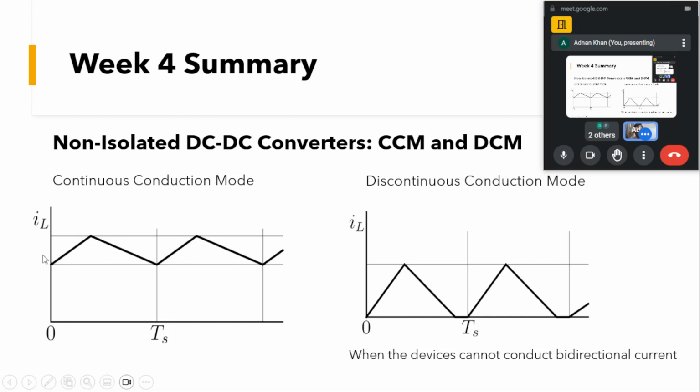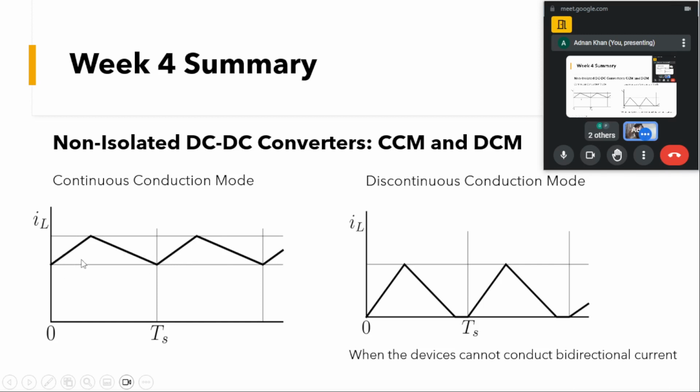So here you can see one way we are able to have this discontinuous conduction mode in the case of a buck converter, if we are able to increase the ripple. The other thing we can see is that there will be some average value of the current here. Let us say this average value decreases.